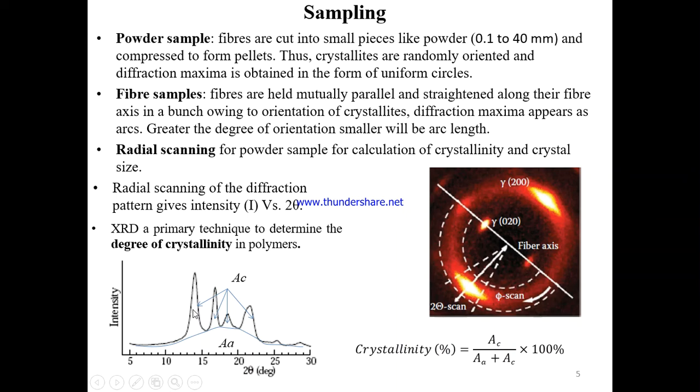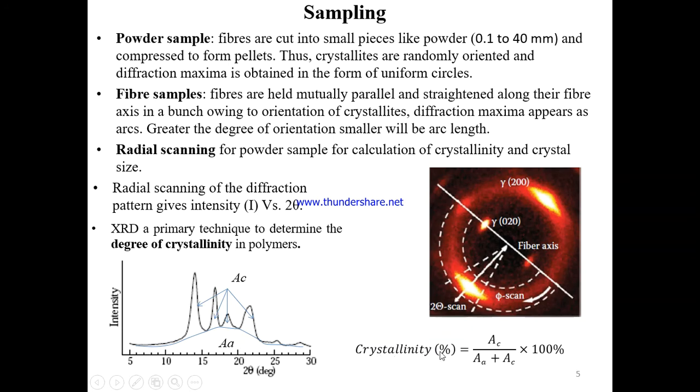You can even plot the graph on graph paper and count the number of cells comprising the crystalline peaks. You can then measure AC, the area due to the crystalline phase, and AA, the area due to the amorphous phase, which is the diffuse area.